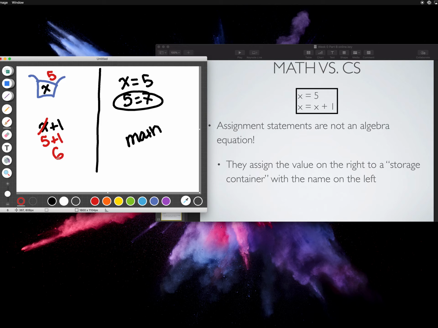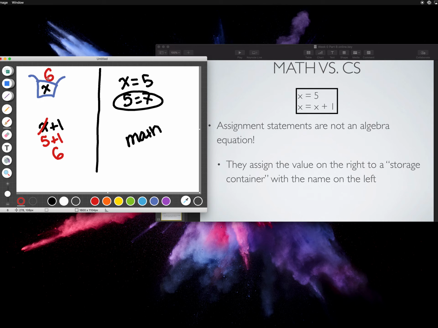Do the right-hand side first. We get 6. And then put whatever the right side is into the left side. Again, the left side is the variable. That's the storage location. So at this point, you can go ahead and update this to now have the value 6 in it.